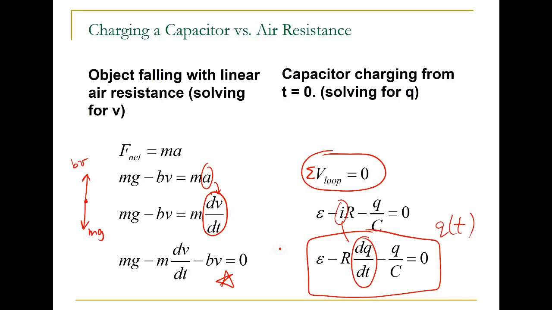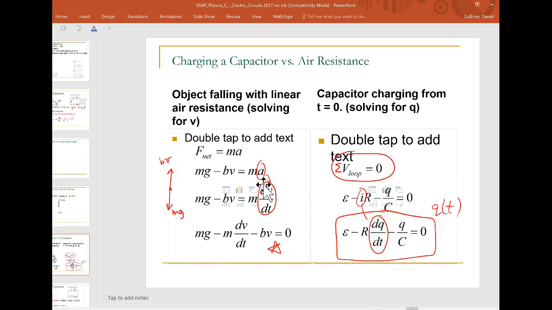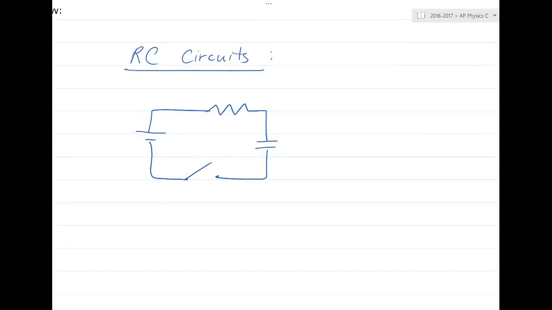Now what we need to do is give ourselves a little bit more space. We're going to get out of the PowerPoint and into OneNote for just a second. So here's our EMF, here's our resistor, here's our capacitor, and our equation was EMF minus R dq dt minus 1 over C Q equals 0.